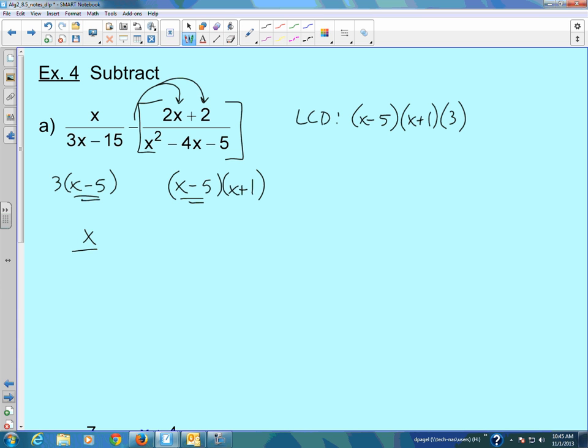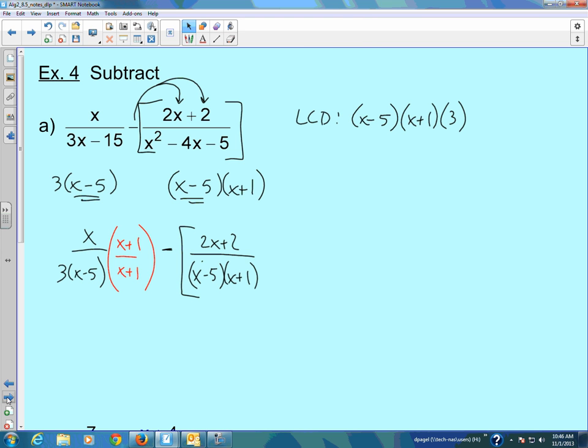We set up 3 times x minus 5, and we discover it's missing the x plus 1 binomial. And then we subtract, and I'm going to put brackets here, 2x plus 2 over x minus 5, x plus 1, and it is missing the 3.